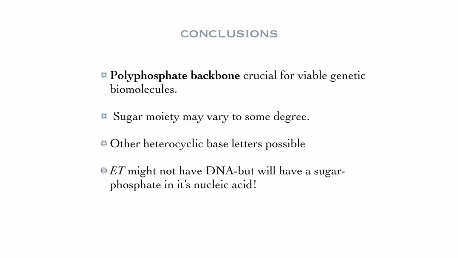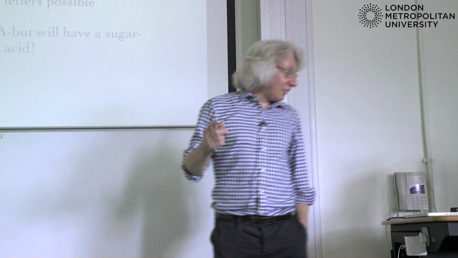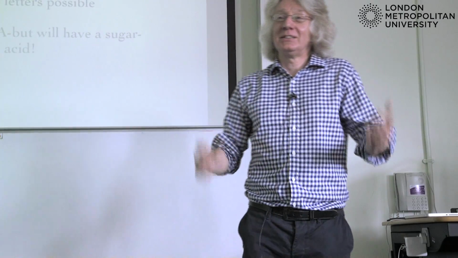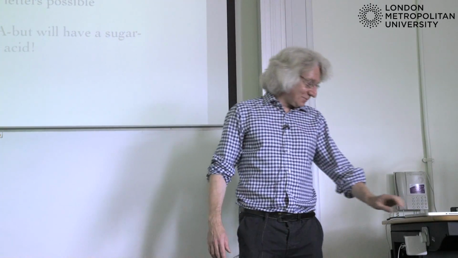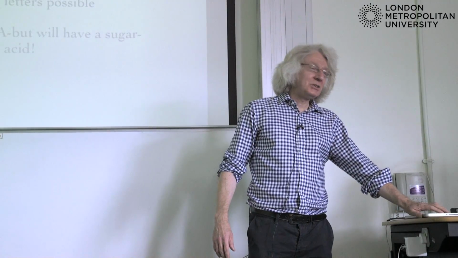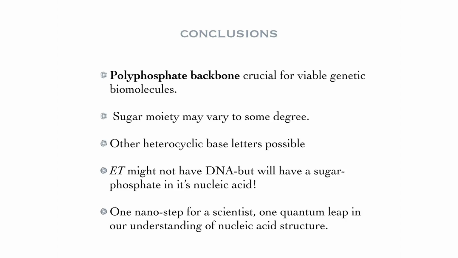So ET might not have DNA, but it will have a sugar phosphate in its nucleic acid. That I would safely predict. And this work could be best described as one nanostep for a scientist, but a quantum leap in our understanding of nucleic acid structure.